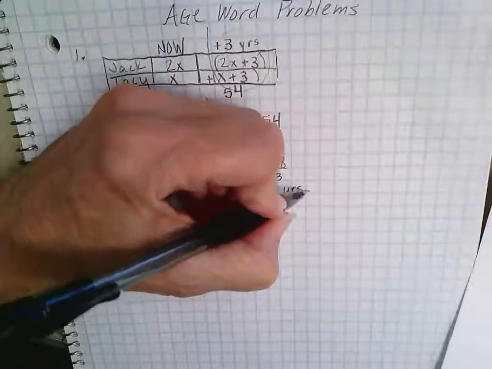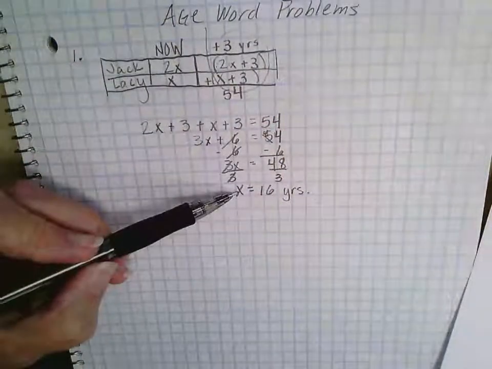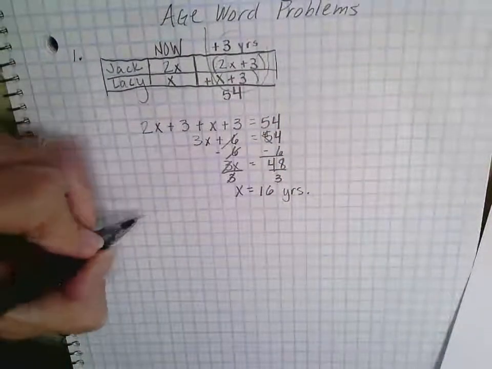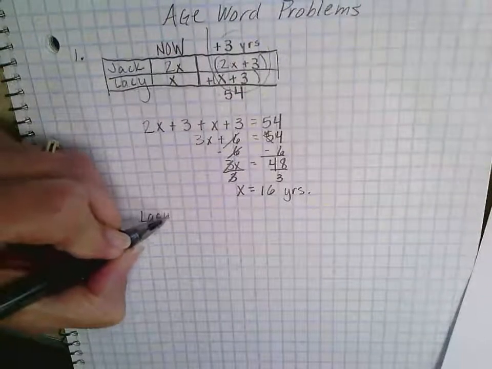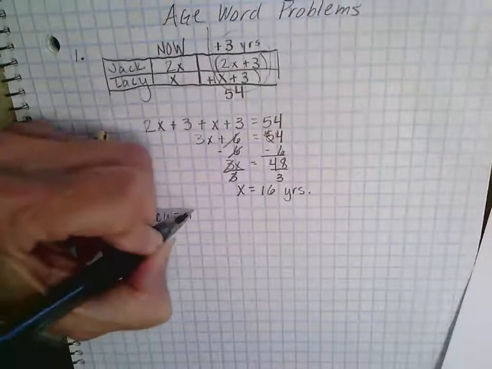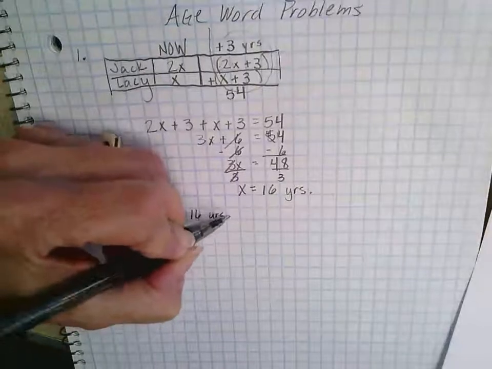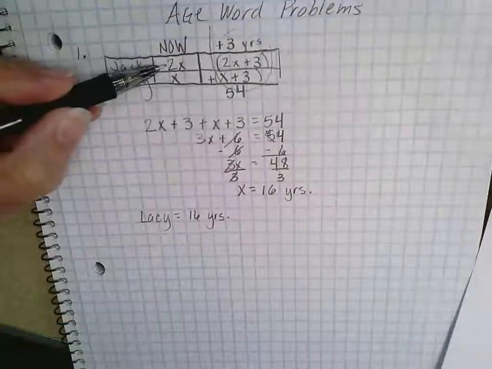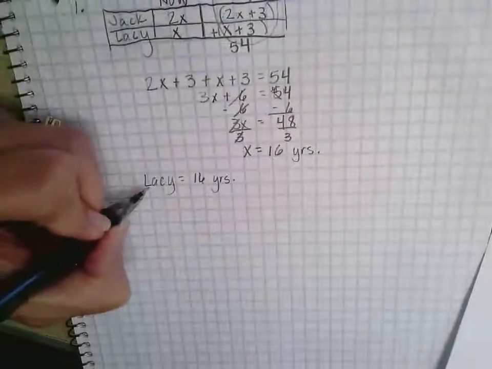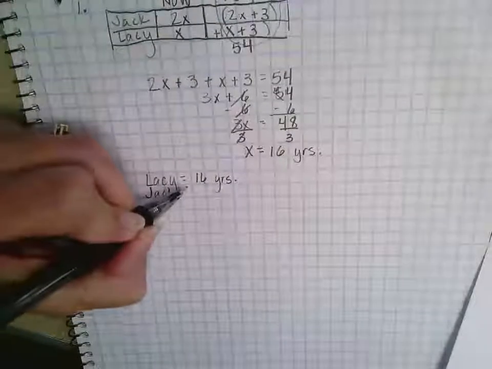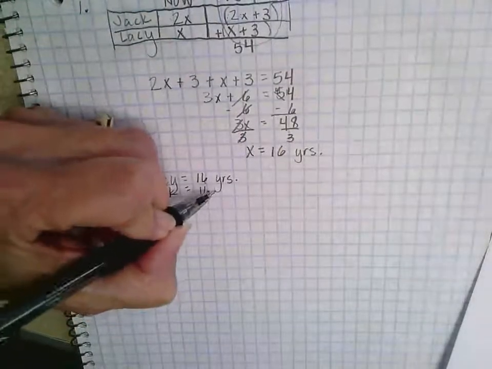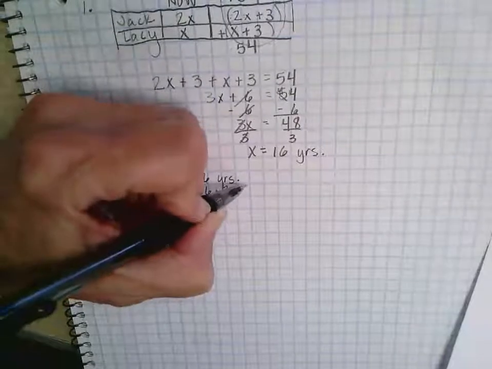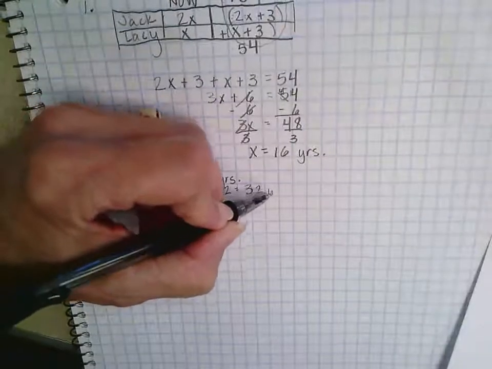So, who is x? Well, Lacey is x, so Lacey is 16 years, and Jack is 2 times x. So Jack is equal to 16 times 2, which is 32 years.